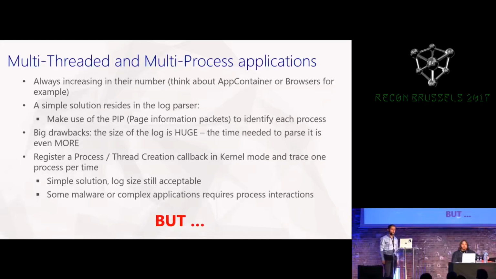The second way to overcome this could be to register a process and thread creation callback in kernel mode and then trace only one process at a time. This solution is simple and it works, but sometimes it's not acceptable because, for example, some malware or some complex component, like Microsoft Word, requires interaction from different processes, and this is a problem.